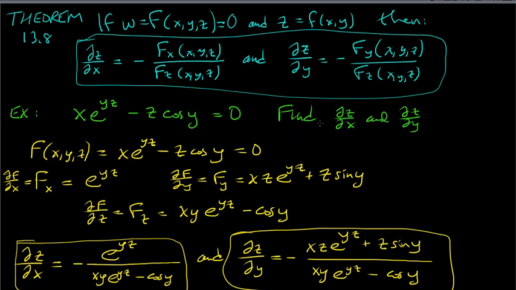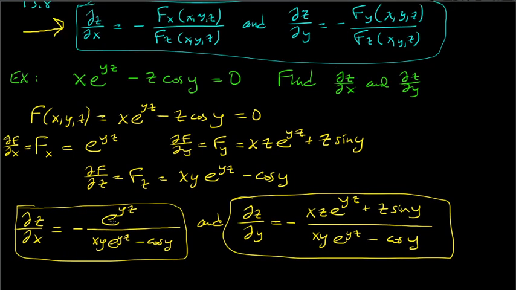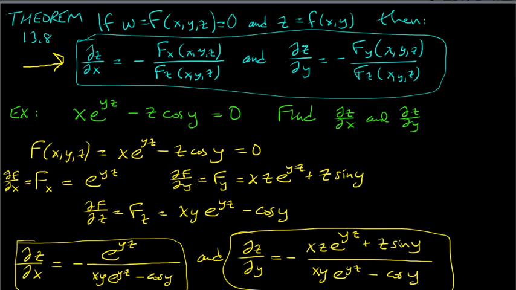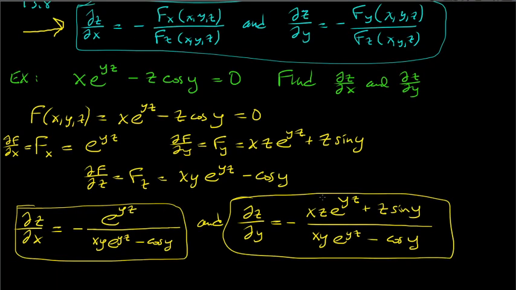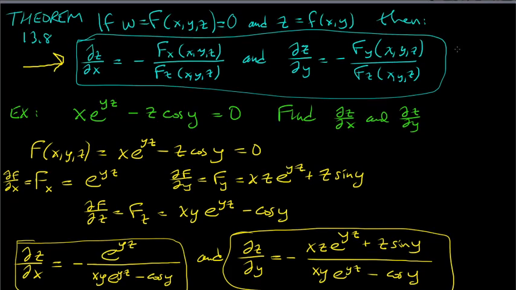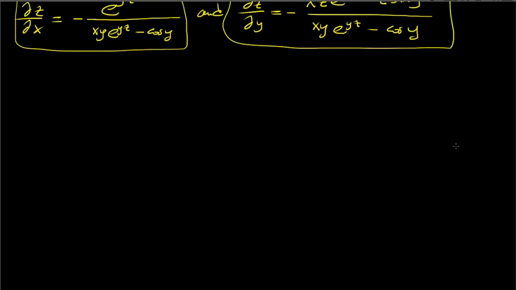That's going to be very difficult, if not impossible. But using the chain rule, using the implicit differentiation equations up here, it's really not that bad. It's just taking the three partial derivatives of capital F, and then just writing them down using these two formulas up here. So I hope that's okay.